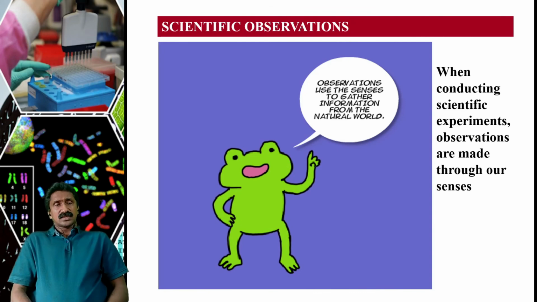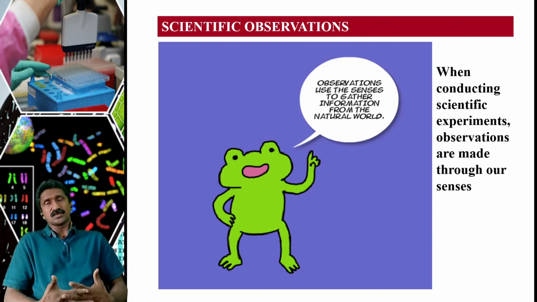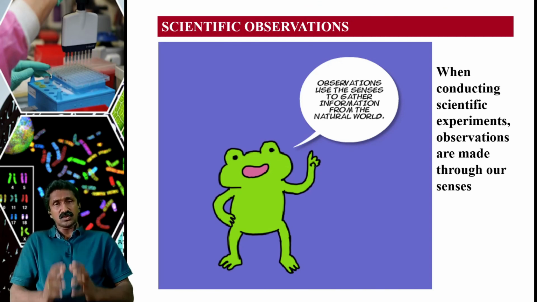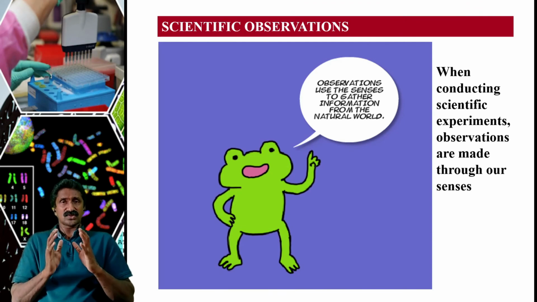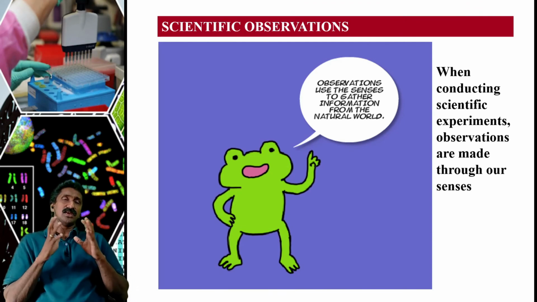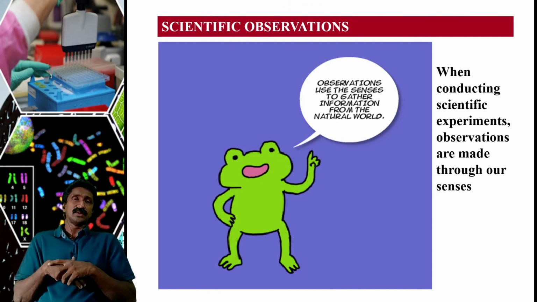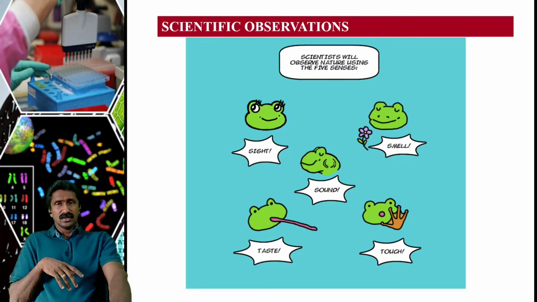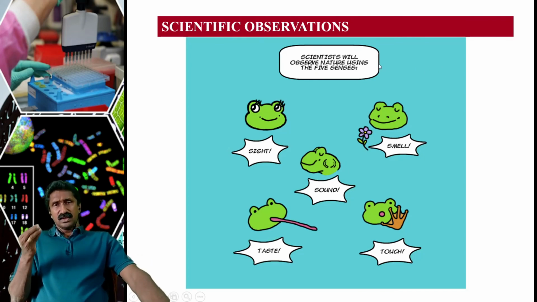So then there are scientific observations. Scientific observations means when conducting scientific experiments, we need observations. Observations are made through our senses. Observations use the senses to gather information from the natural world. So that's how the experimental outcomes were recorded. Scientists will observe nature using our five senses: sight, sound, smell, taste, touch.